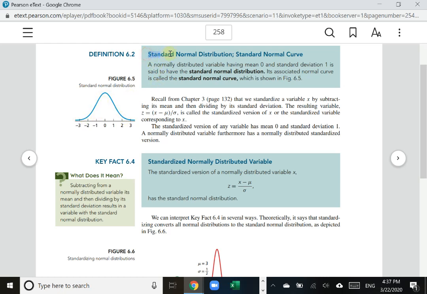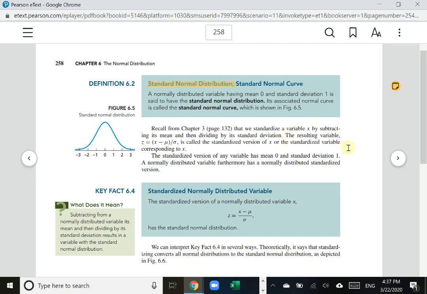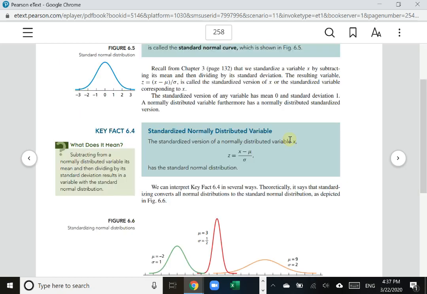This is the standard normal distribution that we're looking at right here. This tells us the mean of this distribution is 0, as you see up here. Mean is 0 and deviation 1. So if the mean is 0 and deviation 1, we're going to call that a standard normal distribution.